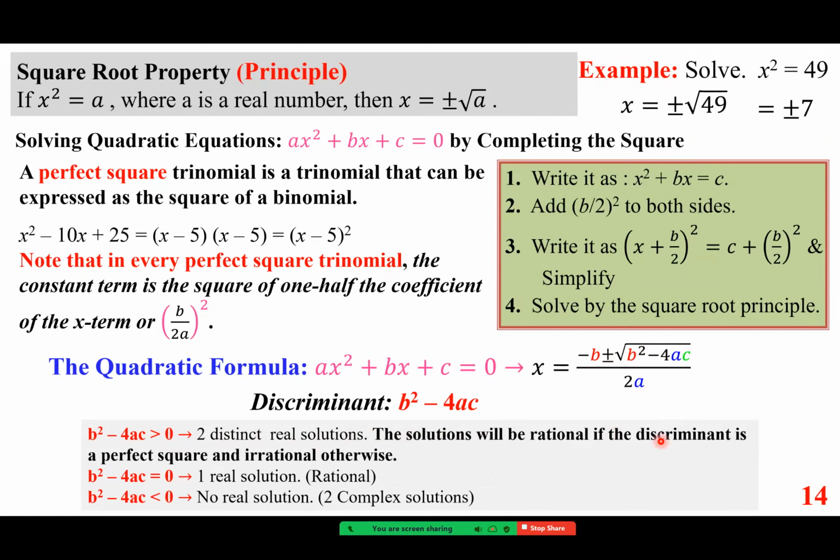The solutions will be rational if the discriminant is a perfect square, and irrational otherwise. When that's the case, that means we could actually factor it. We didn't have to use the formula. If b squared minus 4ac is 0, we have one real solution. If it's negative, we have no real solutions, or two complex solutions.